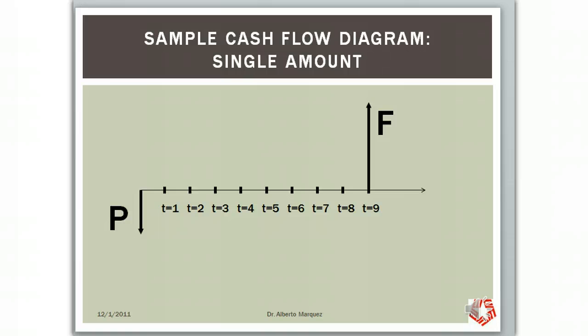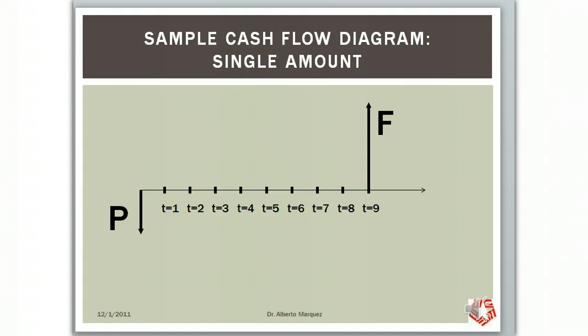Cash flows can be represented through time with the help of a cash flow diagram, and here we have cash flow diagrams with a couple of single amounts. In this example, we have a cash flow that happens at t equals 0 and a cash flow that happens at t equals 9. The cash flow at t equals 0 is denoted with letter P. Typically, P will be used to represent a present value and F a future value.